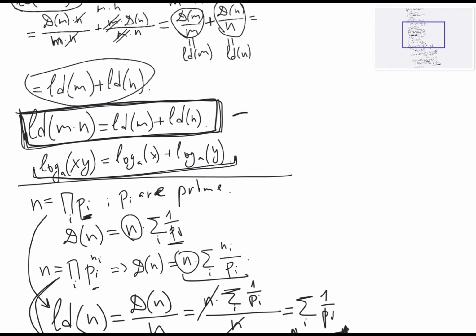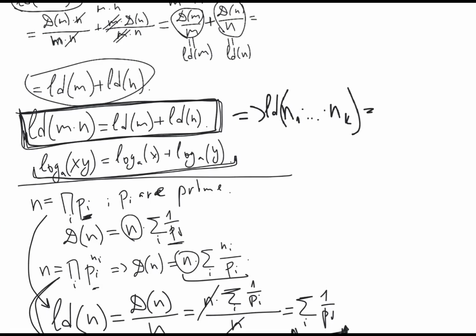So from this, it follows that if we have an arbitrary number n1 multiplied by nk, the LD of this product would be simply the sum: LD of n1 plus and so on plus LD of nk. Well, we simply do it step by step.